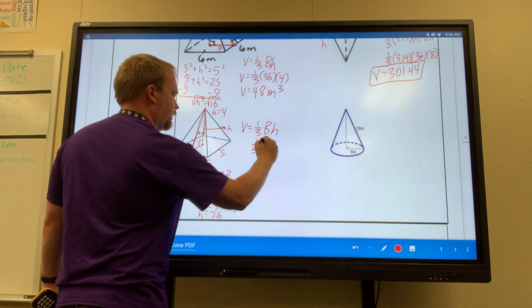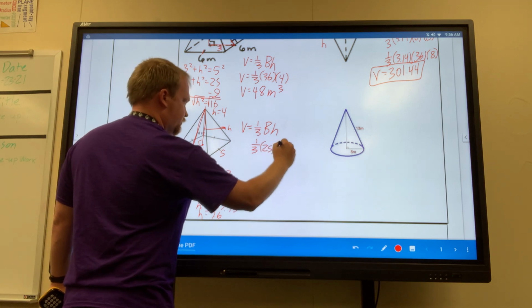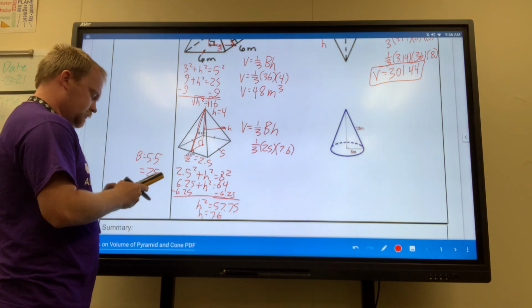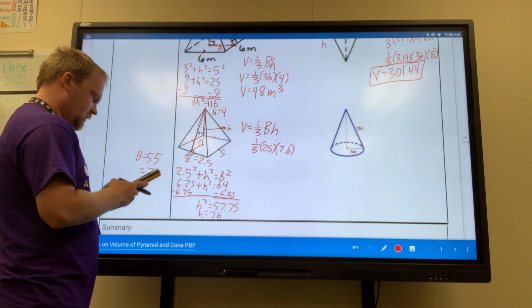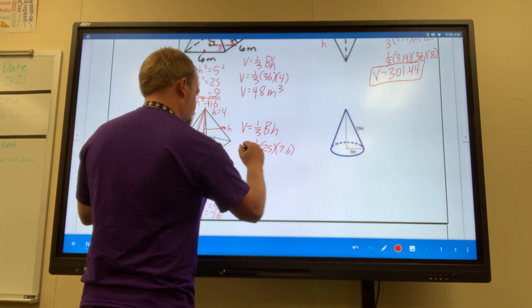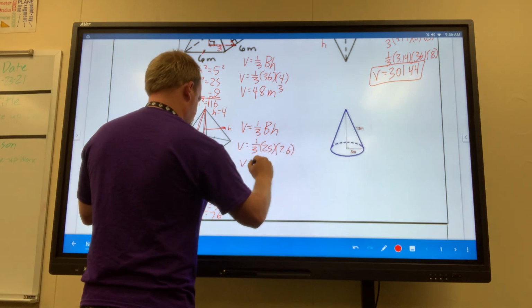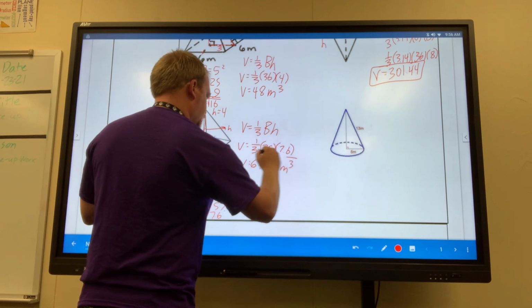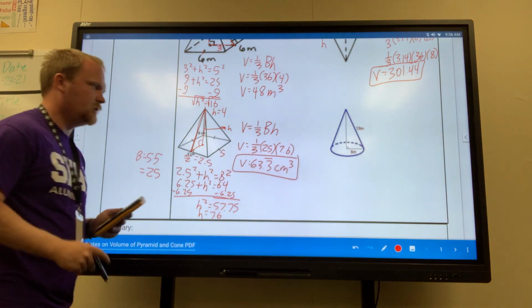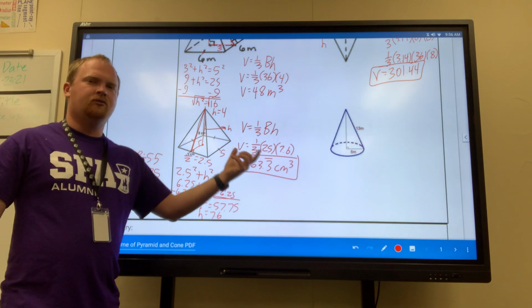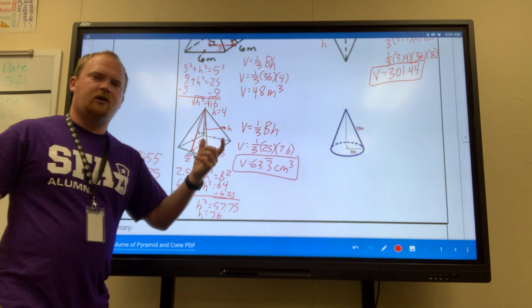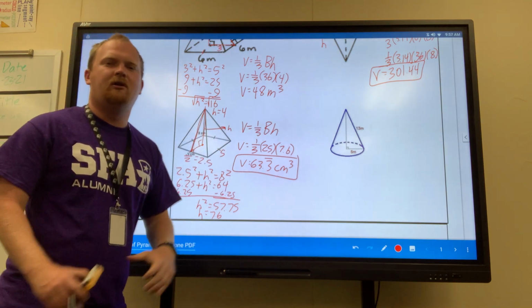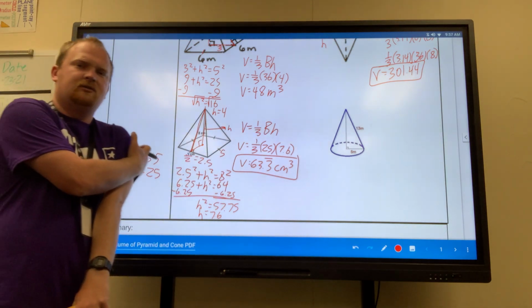So 1/3 times 25 times 7.6 is going to give me 63.3 repeating centimeters cubed. And this will be the volume of my pyramid. Remember, that's how much space is inside the pyramid. That's what volume tells us.